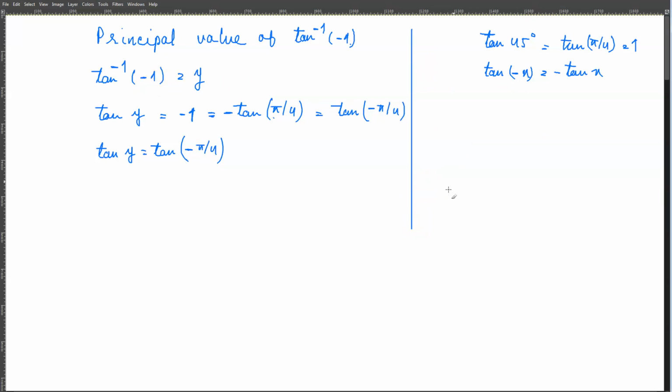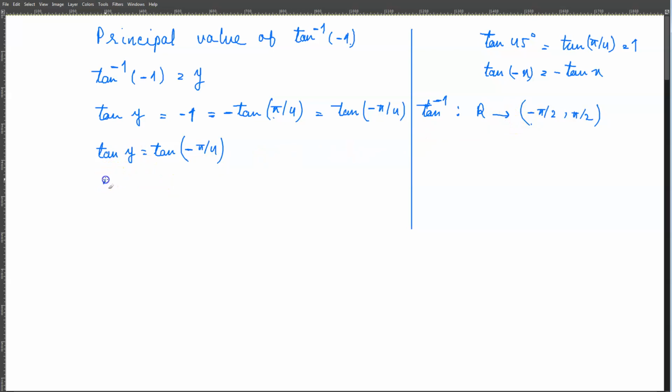For the tan inverse function, the domain is R and the range is negative pi by 2 to pi by 2, which means that negative pi by 4 is actually in the range of the function, so we have no problem there.